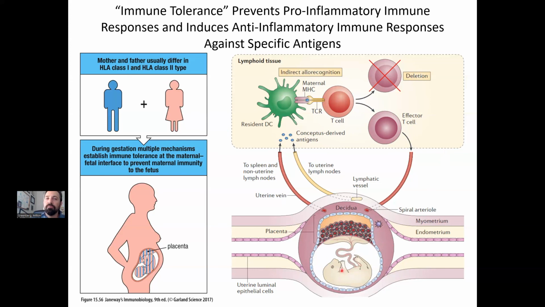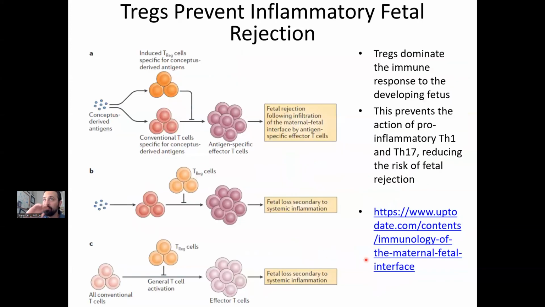This is a mouse fetus, but it's a similar concept in humans. So essentially the idea is that these conceptus-derived antigens will expand these regulatory cells, and that will help suppress conventional T cells from activating and then causing inflammatory rejection of the fetus. So these Treg cells dominate the response to the developing fetus.